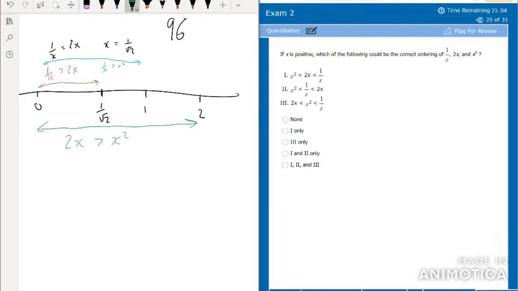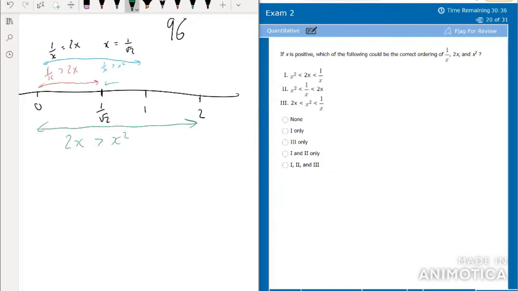Okay, and so x squared is less than 2x, so we're at less than 2, which is less than 1 over x. So we're at less than 1 over root 2. So that works. x squared is less than 1 over x. So we're less than 1, which is less than 2x. So we need 2x to be big.